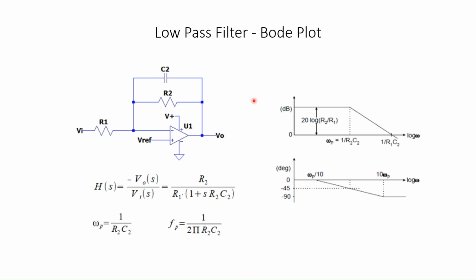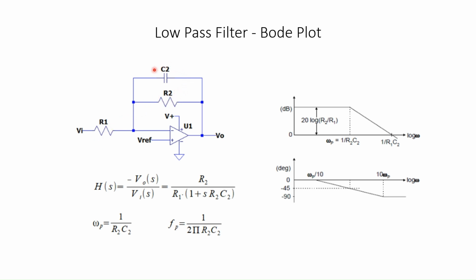I have taken the example of a low pass filter again to explain the Bode plot. This implementation is using an operational amplifier. This is the input and this is the output voltage, and with just R1 R2 without C2, it's just a negative gain amplifier with the amplification of R2 by R1.